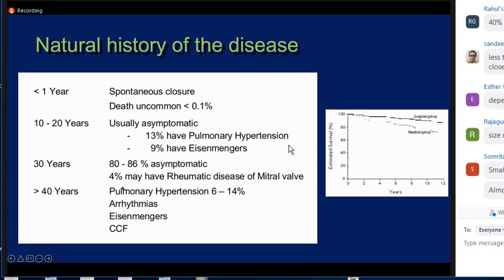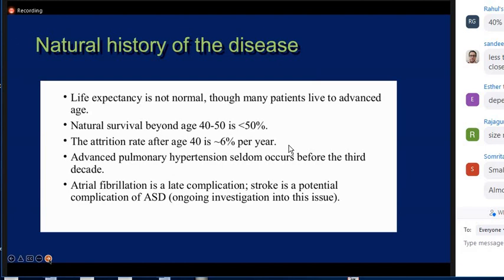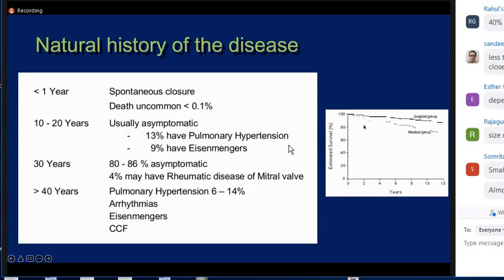The symptoms are predominantly fatigue, palpitations, occasional chest pain, and arrhythmias, whereas beyond the fourth decade, they may develop heart failure because of the increased systemic vascular resistance. So the life expectancy is not normal, but the survival curve, if you look at the previous couple of slides, is not bad compared to other congenital heart diseases.